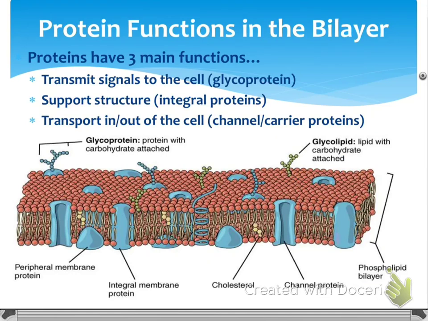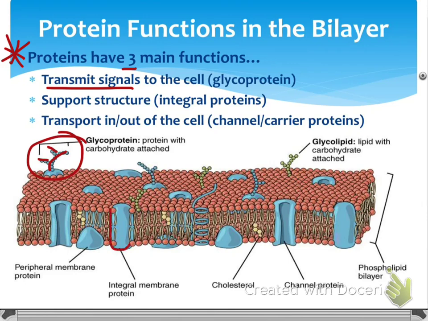So protein functions in the bilayer. Proteins are probably the most important thing to the cell membrane because they have 3 major functions. So they transmit signals, which is going to be like this one here. And if you look, this just reminds me of a little radio antenna sticking out of it for getting signals. They also support the structure.